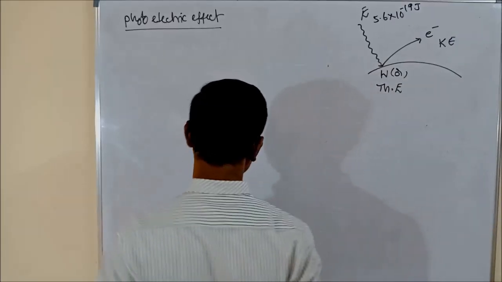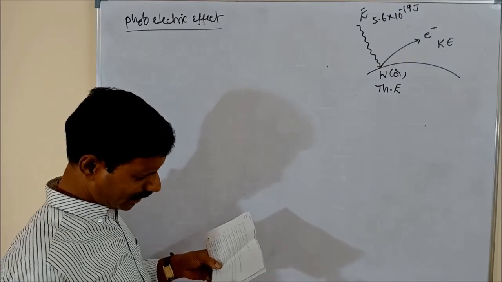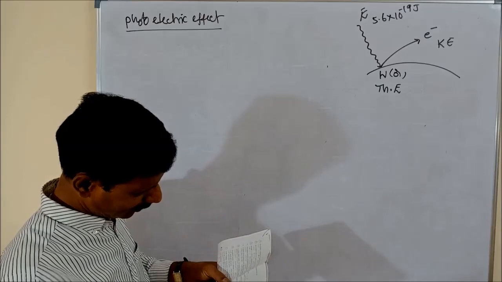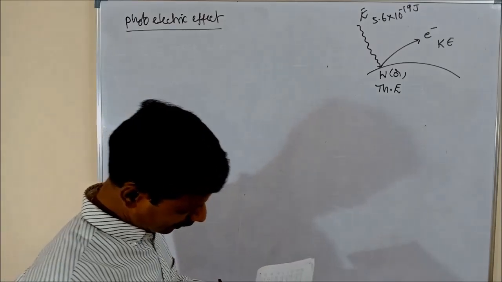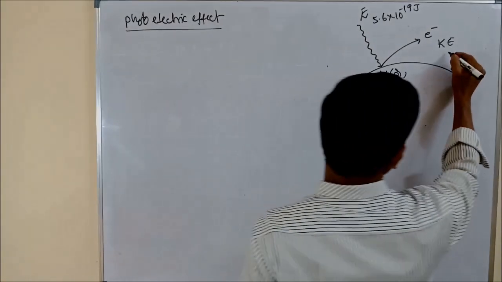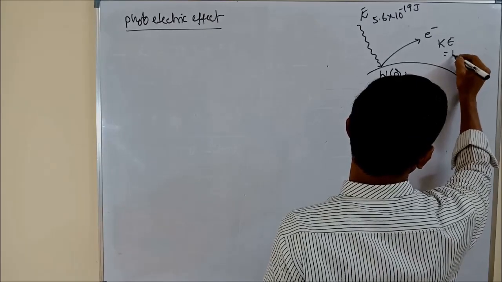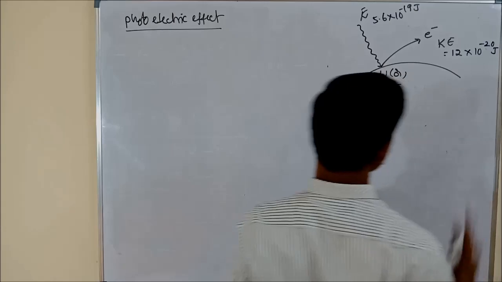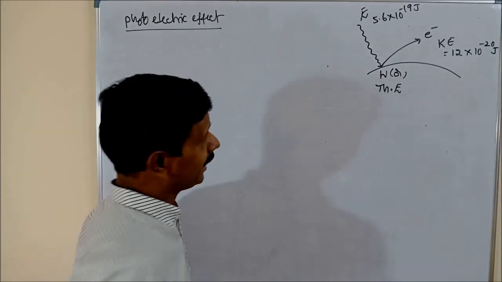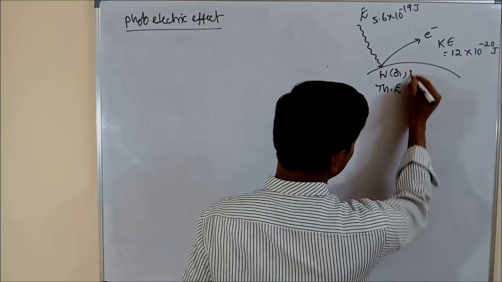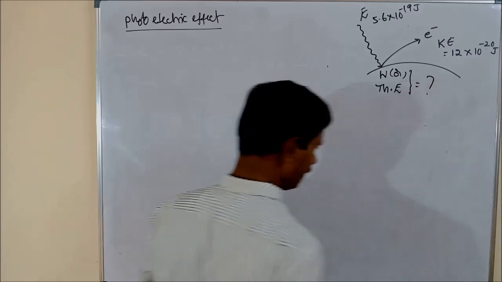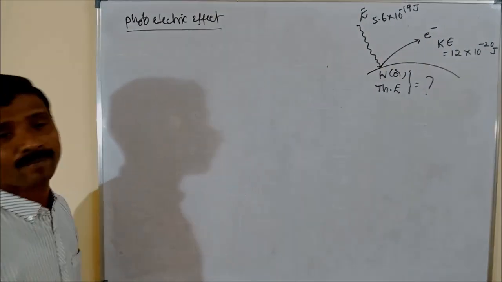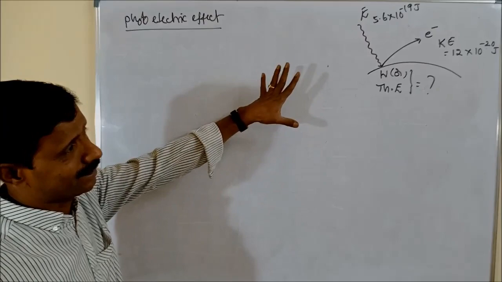That is the total energy utilized. And after that, we observe the kinetic energy of the ejected electron. It is 12 into 10 power minus 20 joules. Then what about the work function or the threshold energy of the metal? This is one model. So the entire problem is in that diagram.